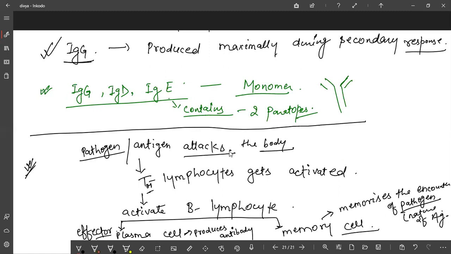Memory cell memorizes the nature of the pathogen, while plasma cell produces antibody. Is it clear? So this is antibody mediated immunity.